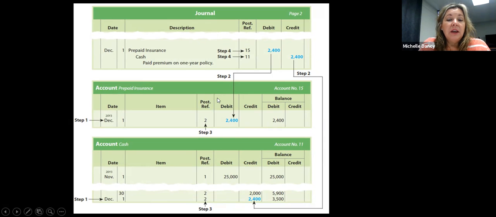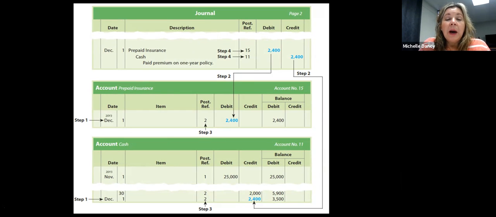If you look down here in your account, in your ledger, you have a column that says posting reference. We're going to put numbers in both of these. So we've talked about how every account has a number. If you look down here, prepaid insurance, go over to the right-hand side of the account, says account number 15. Cash, go over here, says account number 11.